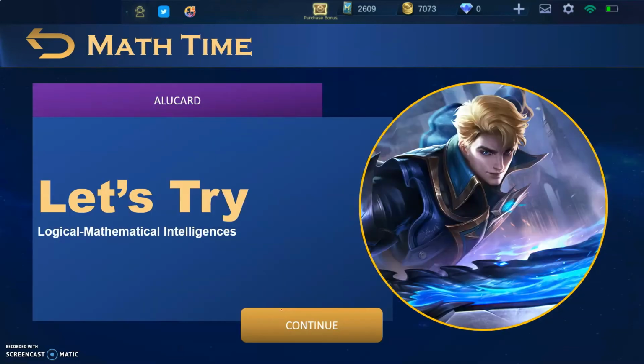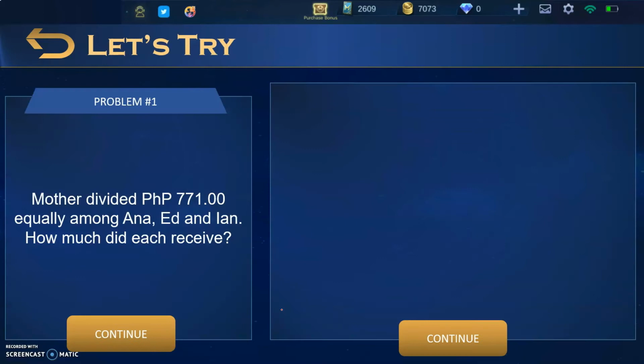Okay, so let's try another example. Our first problem. Mother divided 771 pesos equally among Anna, Ed, and Ian. So, how much did each receive? Again, to solve this, we need to use the ESA method. Equation, solution, and answer.